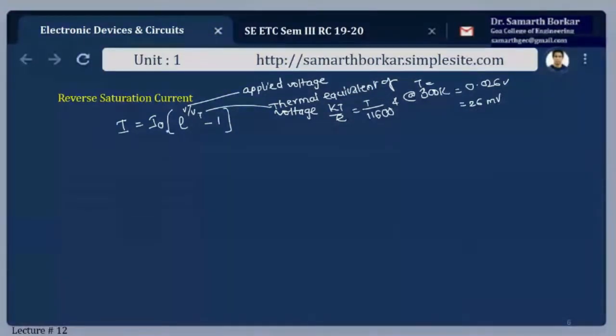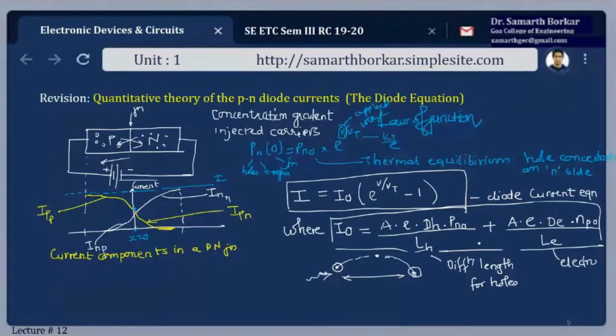Fine. I naught, if I look at this expression, almost all these values are constant for a given material.